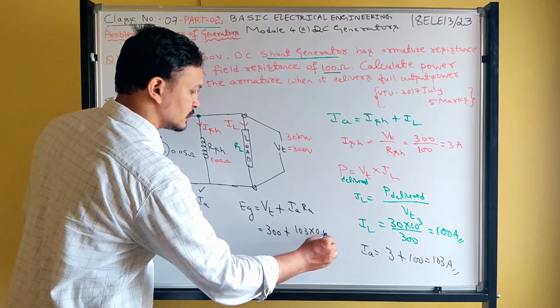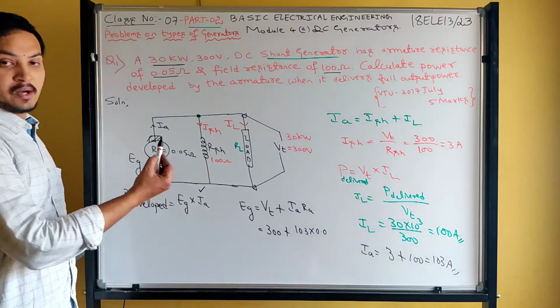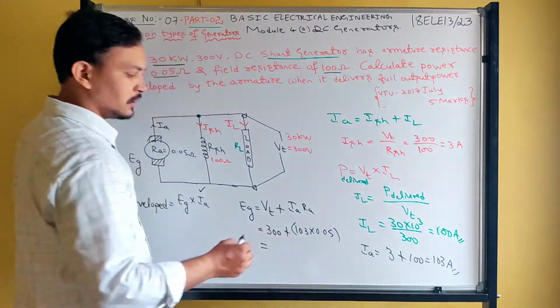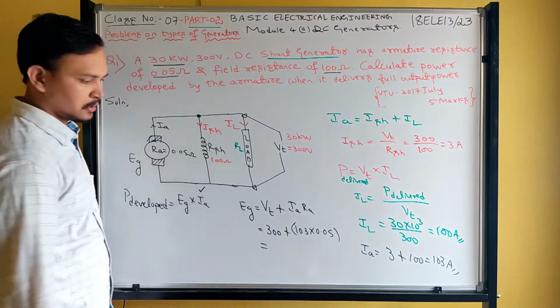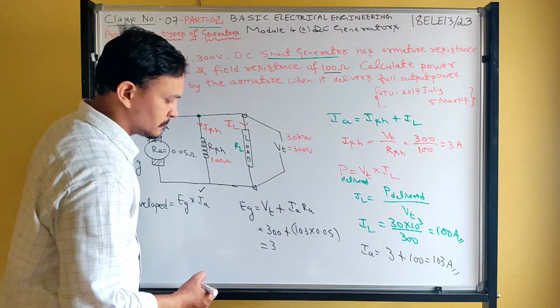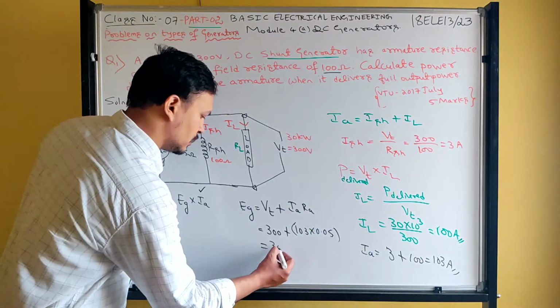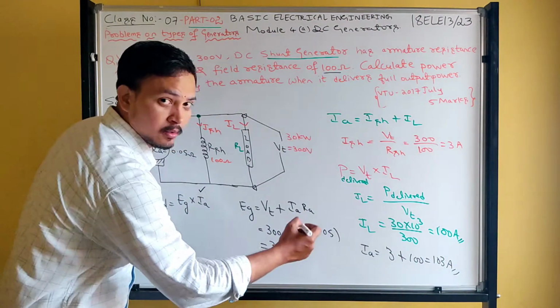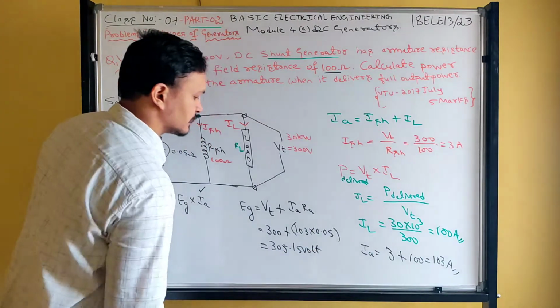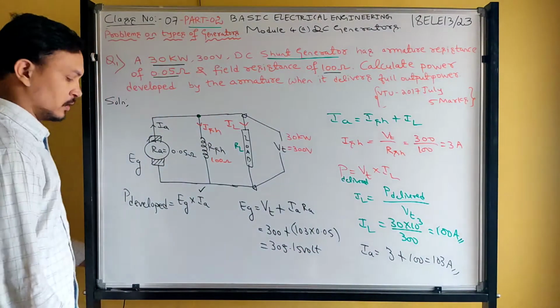What is the armature resistance? 0.05. So you just multiply, do the simplification in calculator. How much you will get? Tell the answer. 305.15. So very good. So we got answer 305.15 volts.